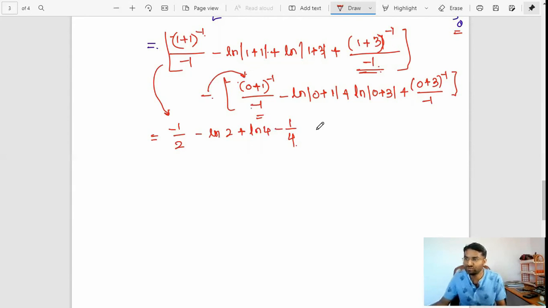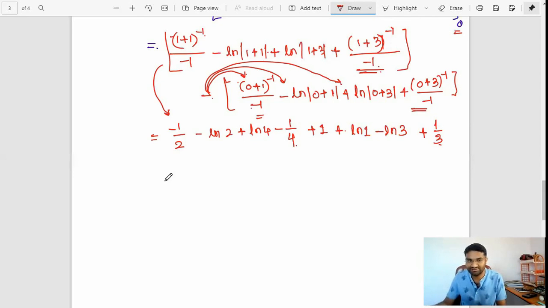So negative negative positive 1. Okay, then negative negative here positive again, and ln of 1 is ln 1, then negative and positive negative ln 3, right? So next here negative and this negative positive, and 1 upon 3, right?